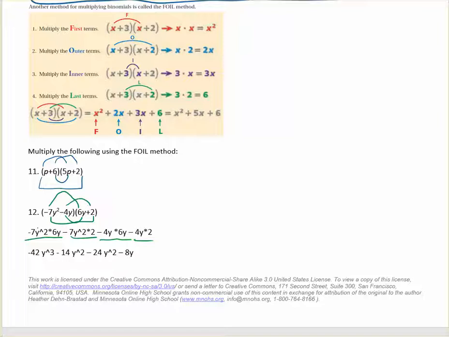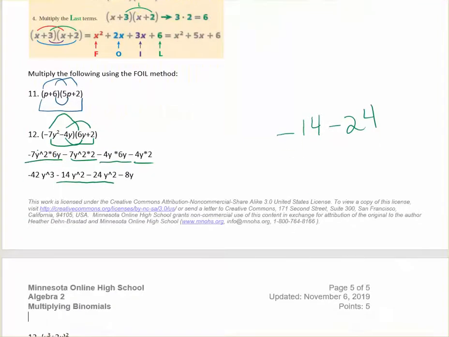So we have negative 14y squared minus 24y squared. So you need to figure out what is negative 14 minus 24. I would like this to stay on this line, so I'll just go over a bit. That would be equal to negative 36.